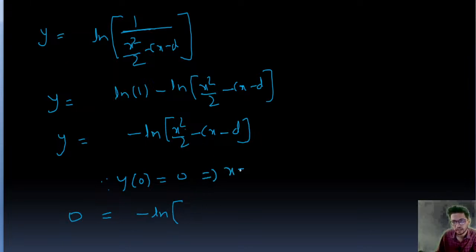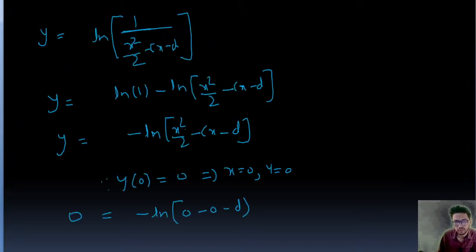We are putting values of 0 minus 0 minus d, right? Since ln 1 value is 0, so in place of 0 we can write ln 1.